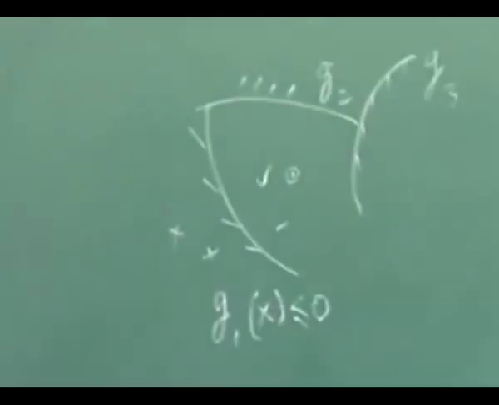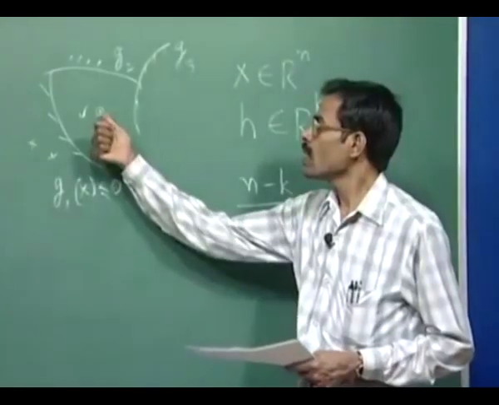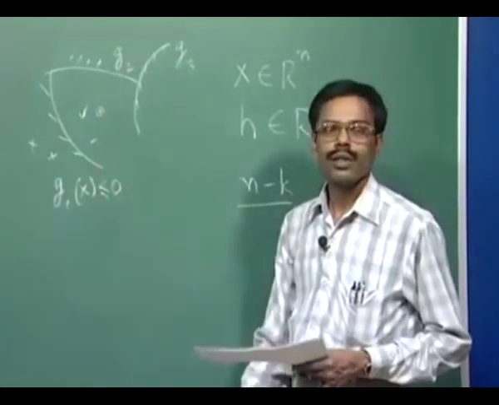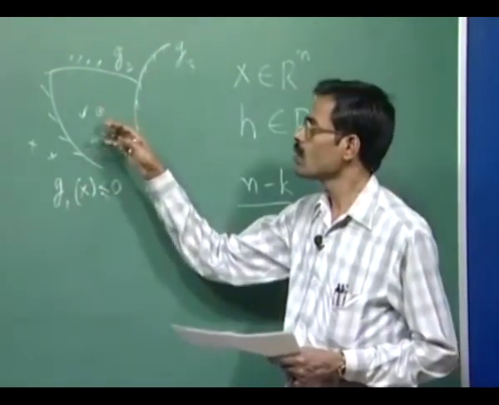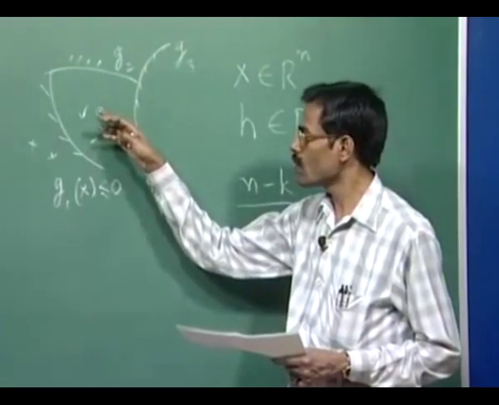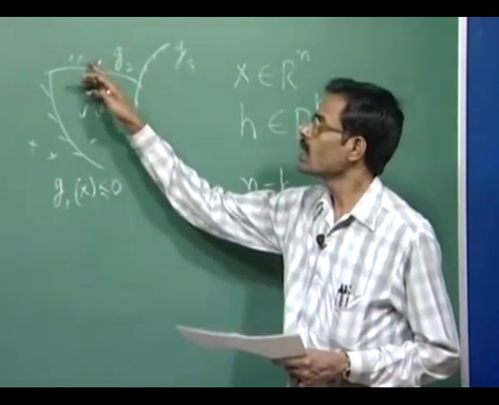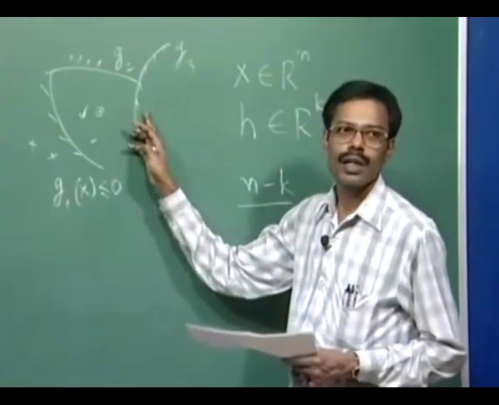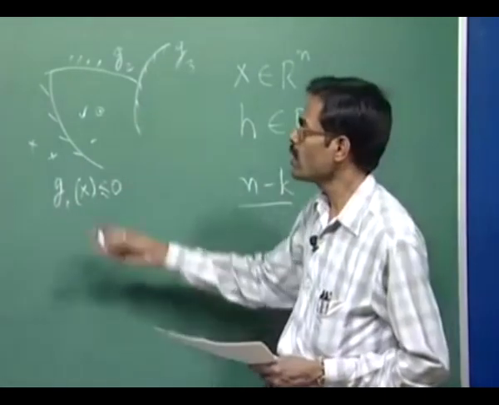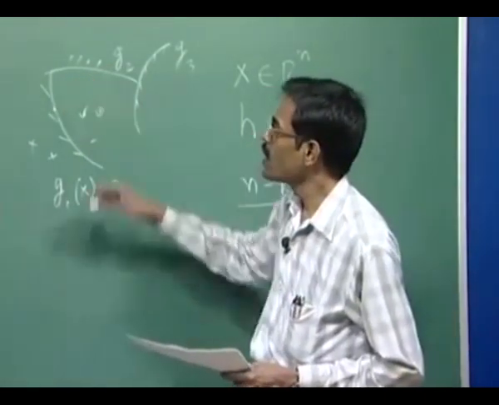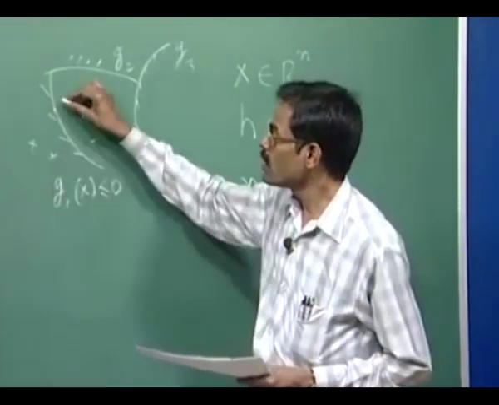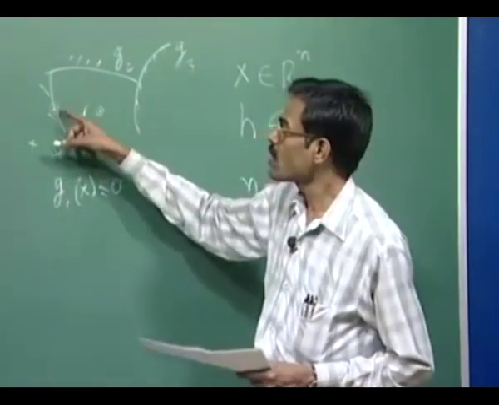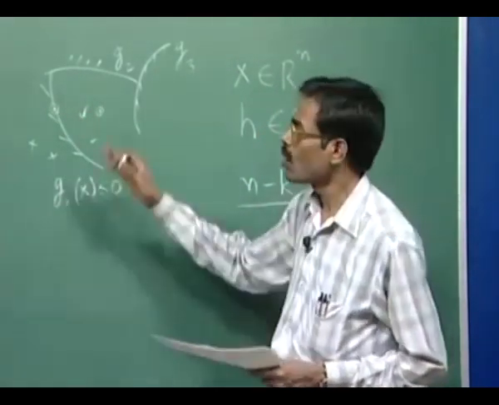Active in what sense? That is, in the immediate neighborhood of this point, whichever way we try to displace the point, these constraints will not play a role. On the other hand, at this point g1 is called an active constraint, because from here there are some directions in which g1 is not violated.